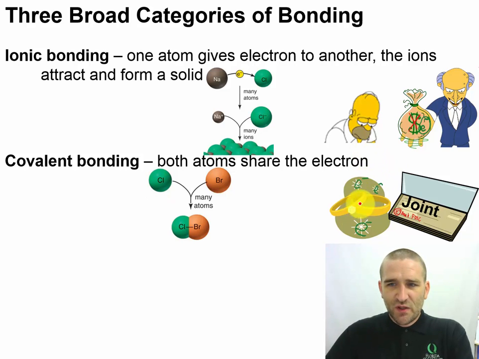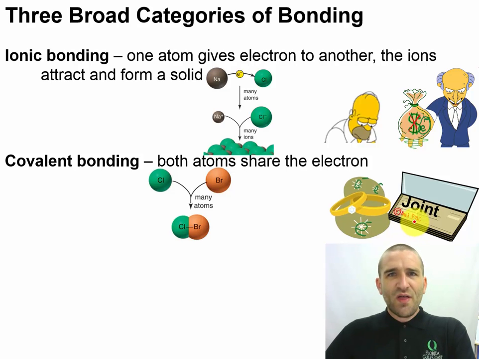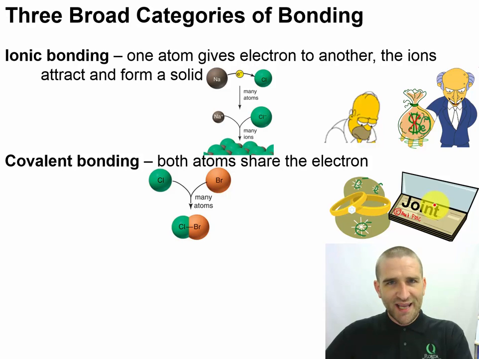You've got your two atoms, they're coming together, they're depositing their electrons at the electron bank, FDIC. And now they have something that they're sharing, and it's hard to pull them apart because it's really hard to divide up those assets. Hopefully, there's more reasons than that for them, but they're atoms, so probably not. That's going to be an example of covalent bonding, and an analogy to think through it with.